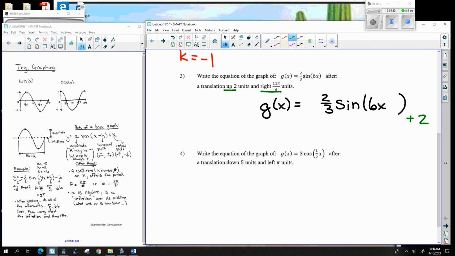So you would think right would be a plus, but this is going to be a minus. Okay. Again, this is where it's going right here. All right, so this is going to be 2/3 sine 6x minus 11 pi over 6 plus 2. Easy peasy.